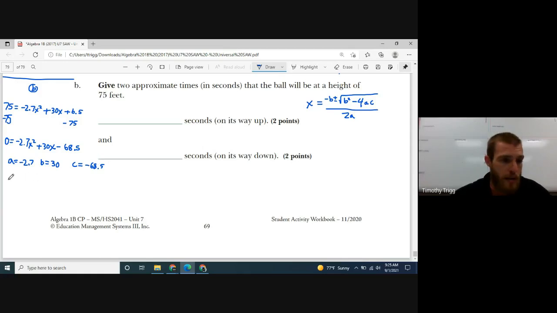So that's going to be negative b, so that's negative 30, plus or minus the square root of b squared, so that's going to be 30 squared, minus 4 times a, that's 2.7, that's ugly, times c, negative 68.5.